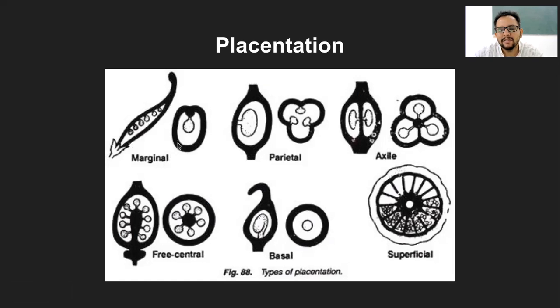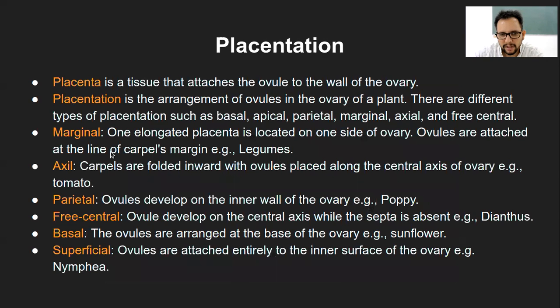In this case, it is also marginal, the reason being it is attached to one side at the apex, that is at the tip, and that is why it is still marginal placentation of the ovule. There can be one ovule or many ovules, and if they are attached to the margin, that is called marginal placentation.